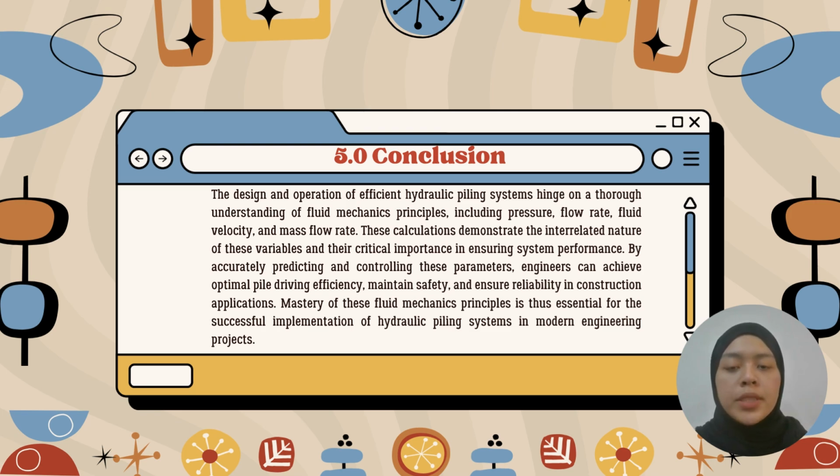By accurately predicting and controlling these parameters, engineers can achieve optimal pile driving efficiency, maintain safety, and ensure reliability in construction applications. Mastery of these principles is thus essential for the successful implementation of hydraulic piling systems in modern engineering projects.